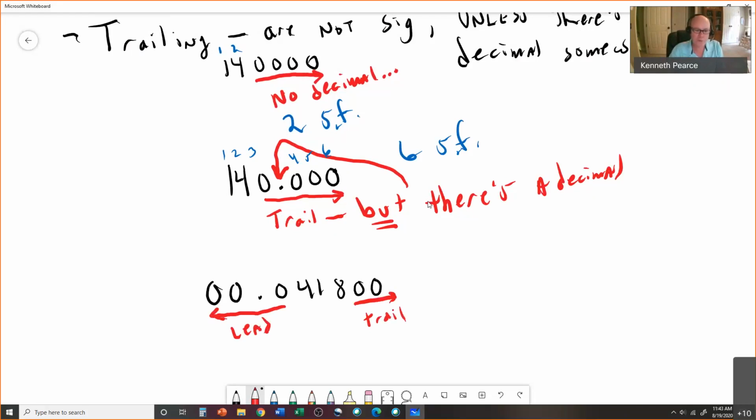And we say, well, leading's never significant, so those don't count for anything. Trailing, on the other hand, we have a decimal there. And so therefore, we count those trailing zeros because there's a decimal somewhere, and it doesn't matter where the decimal is. And so we go 1, 2, 3, 4, 5. 5SF. Okay, 5SF.